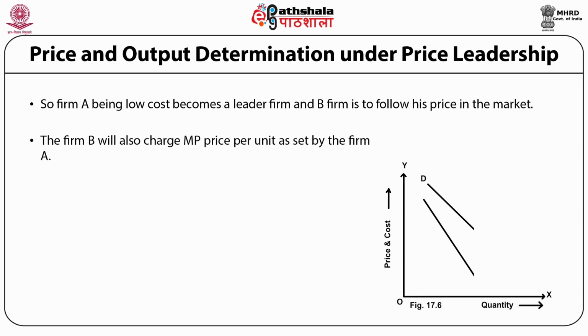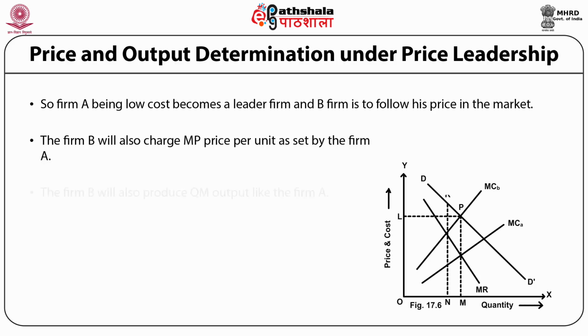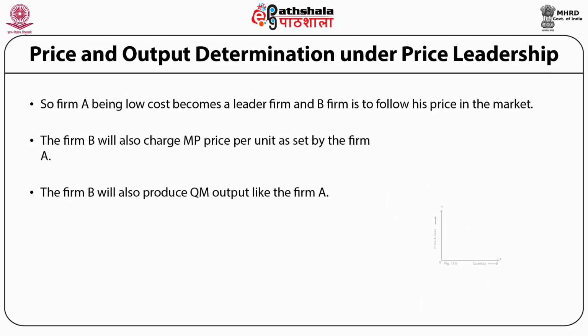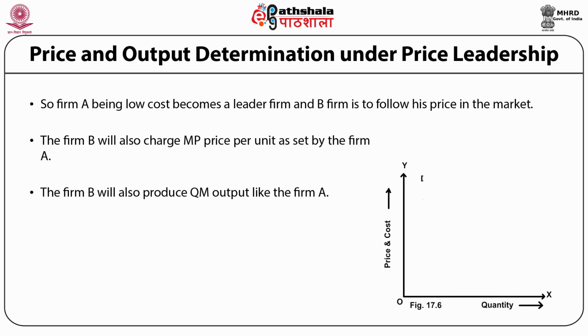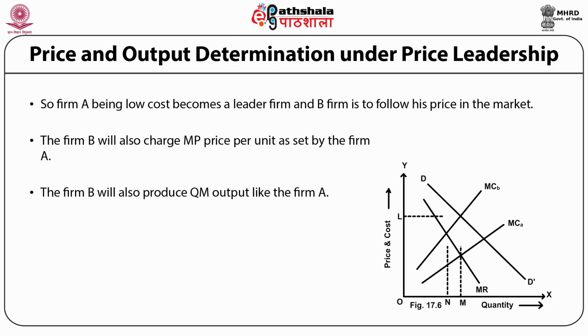The firm B will also charge MP price per unit as set by firm A. The firm B will also produce OM output like firm A. Thus, both the firms will charge the same price MP and sell each of them OM output.